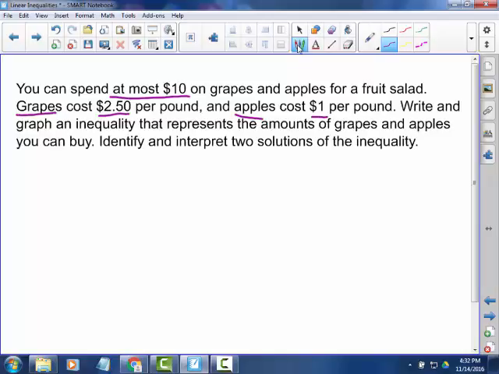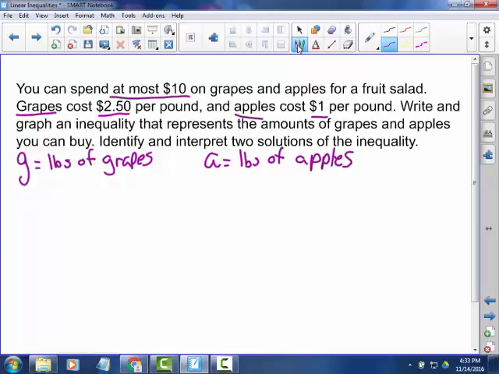Okay, so let's think about this. Let's let G stand for pounds of grapes, and we'll let A stand for pounds of apples, just to keep it simple. So then I know that the grapes times 2.50 is going to be the money I'm going to spend on grapes.